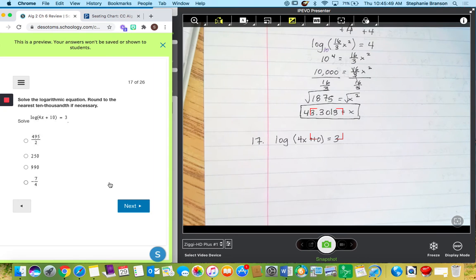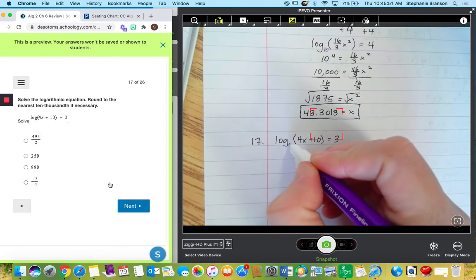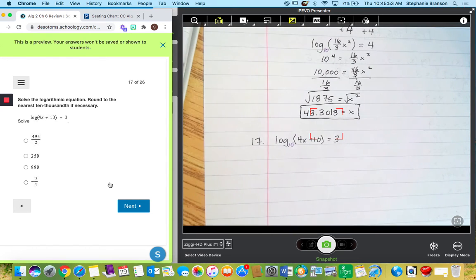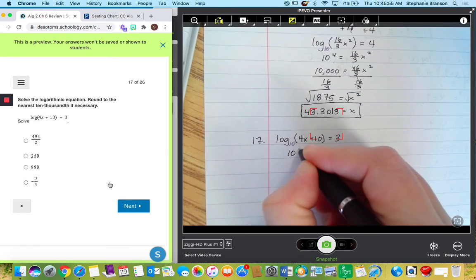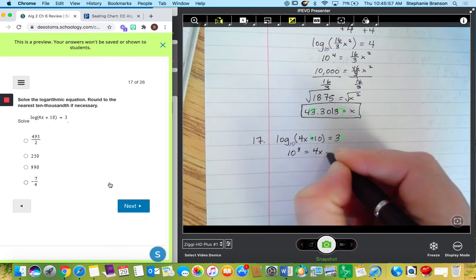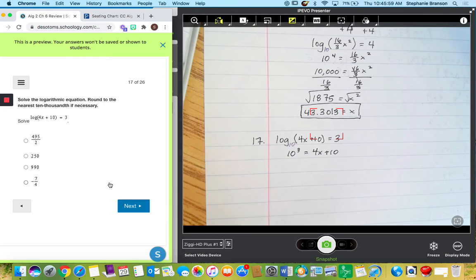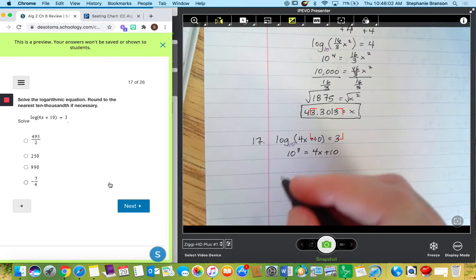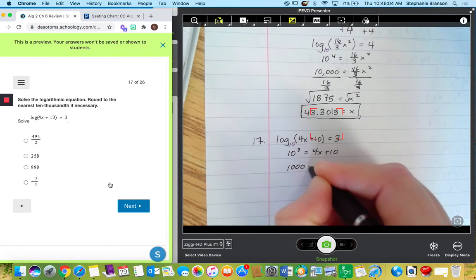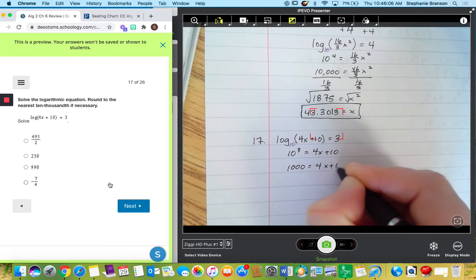So again, there is no base, so it's an understood 10. 10 raised to the 3rd power is equal to 4x plus 10. 10 raised to the 3rd is 1,000, is equal to 4x plus 10.